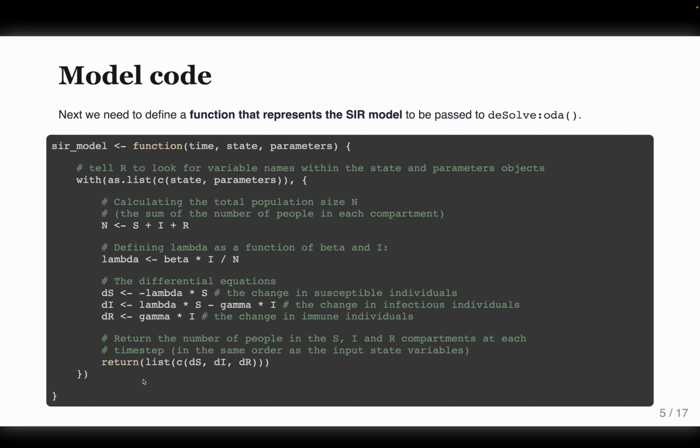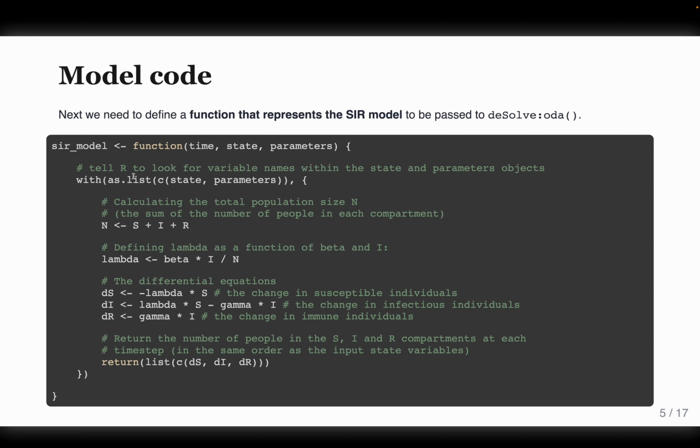Let's now look at the code that allows us to implement the SIR model. This is the central part of our simulation, in which we define, in this function, a programmatic equivalent of the SIR model. This first line allows us to transform the arguments of this function so that we can access them directly.